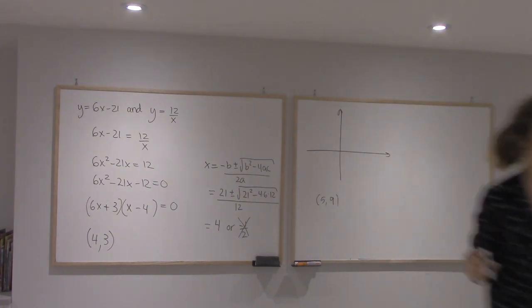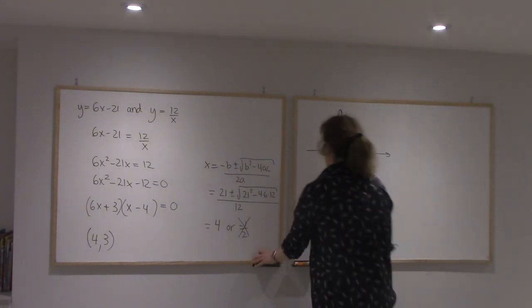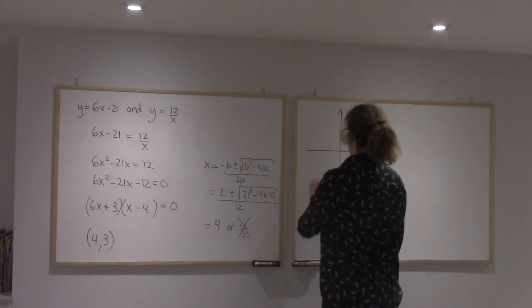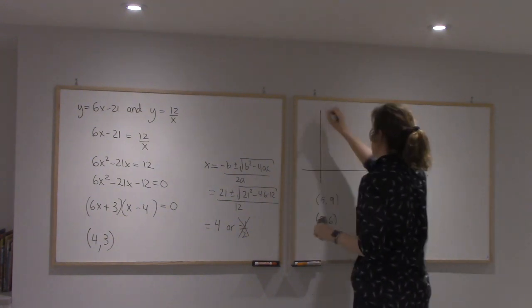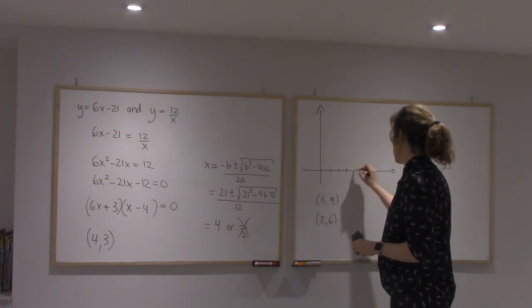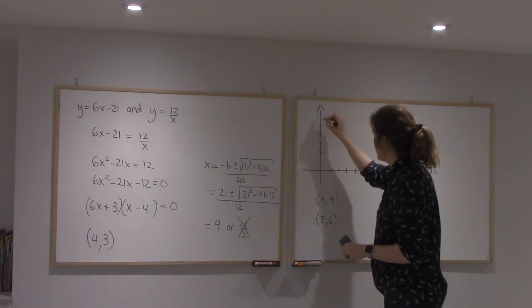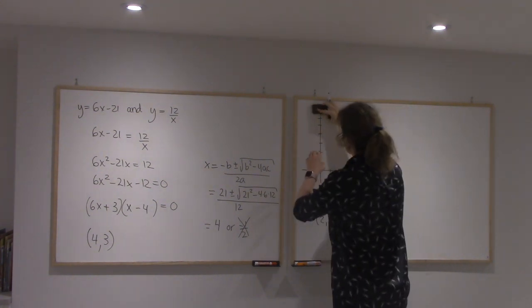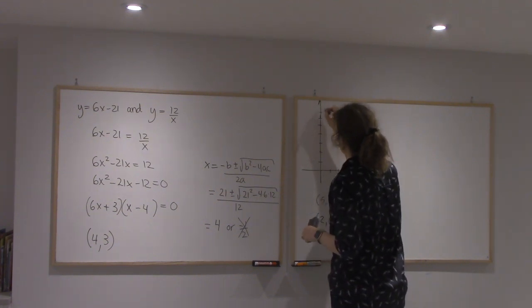Oh, I have erased one of my intersection points. So the first one was 2, 6. So I have 2, 6, 5, 9, and 4, 3. Since they're all positive, let's move everything off to one side. So 1, 2, 3, 4, 5, 1, 2, 3, 4, 5, 6, 7, 8, 9.